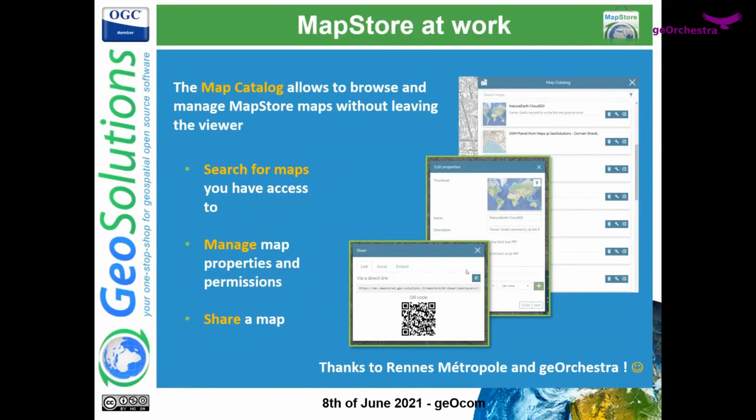You can manage the permission properties through a modal window. You can share the map in various ways using a direct link, but also by copying the code snippet for embedding the MapStore map in a third-party website, for example, or in social media.